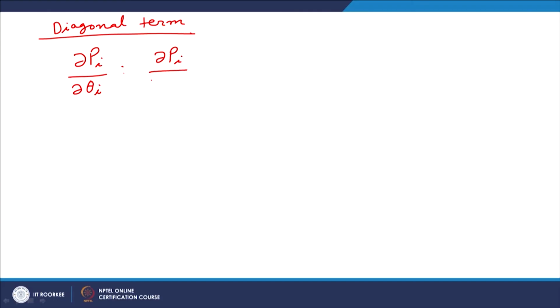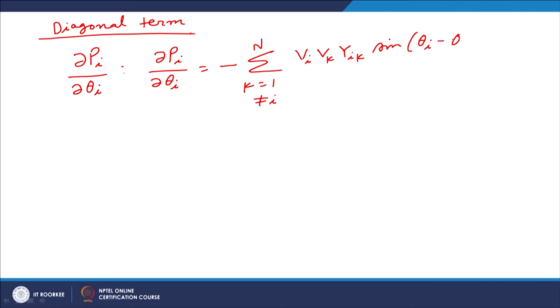Putting them together, what we will have is delta Pi by delta theta i is equal to minus the sum over k equal to 1 to n, k not equal to i, of Vi Vk Yik sin(theta i minus theta k minus alpha ik).